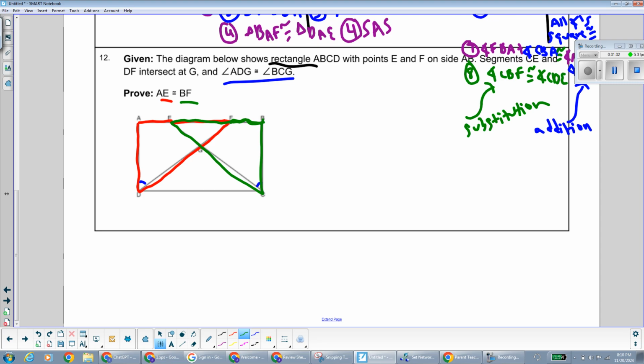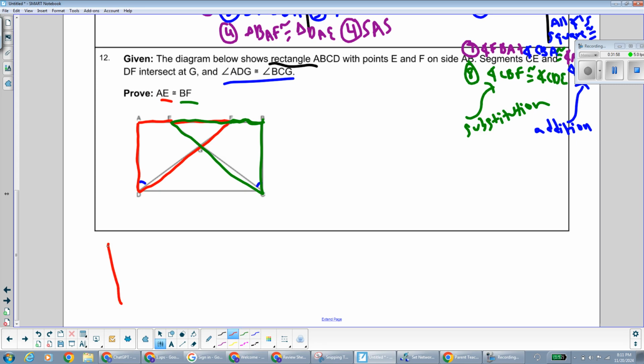But I'm going to have to probably do subtraction at the end in order to get just AE and BF. Because if I can get AF and BE, I'll have to subtract in order to make them smaller, right? Because AF is too long, I just need AE. And BF is too long, I just need BE. Sorry, BE is too long, I just need BF.